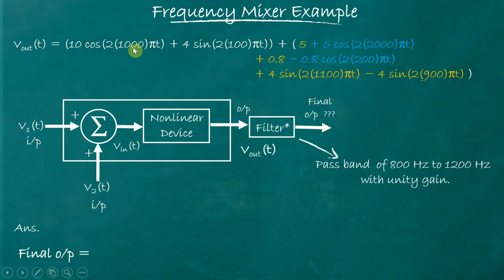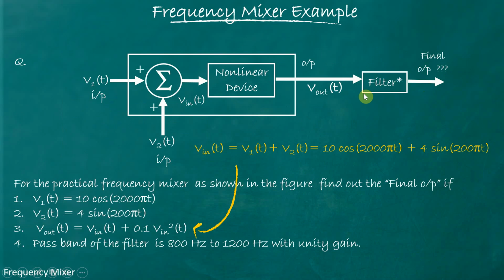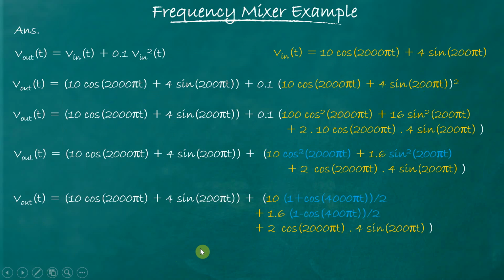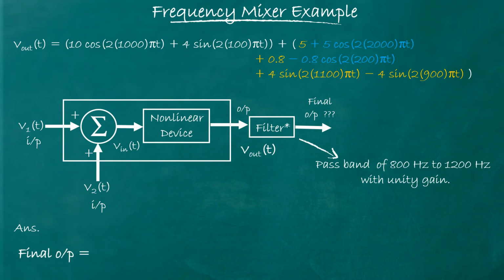So here in this term the frequency is 1000, here 100, here 2000, 200, 1100 and 900 in terms of hertz. Because in the problem they have given the range of frequency in terms of hertz, ultimately in the mathematical expression you should try to represent the frequency in terms of hertz.